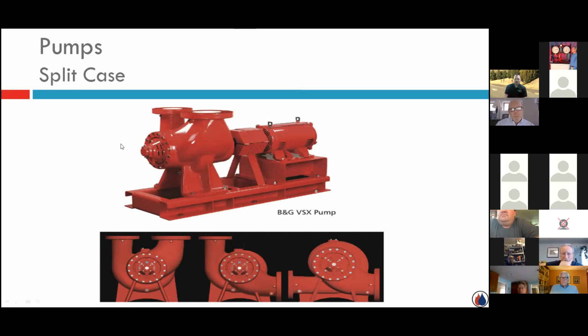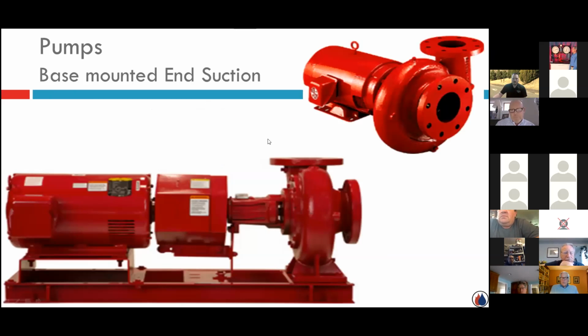The thing that I just want to reference is the split case. What's referring to the split here is this dimension right here. It's almost like a V shape. And what's happening is there's an impeller sitting inside here, but the water doesn't enter just on one side. Like here in an end suction, the water enters, hits the impeller that's spinning.